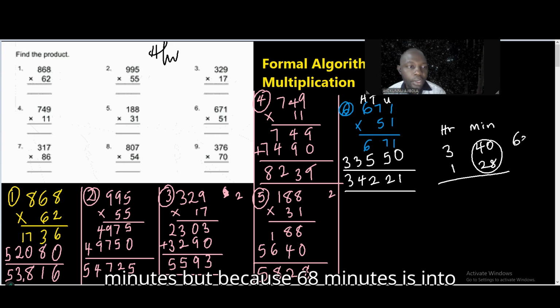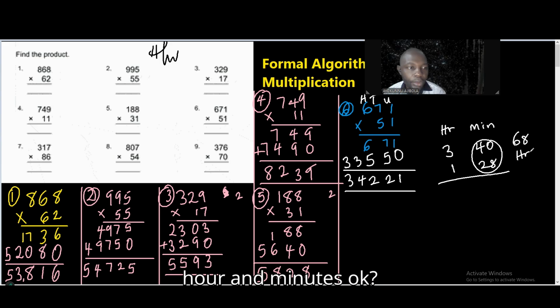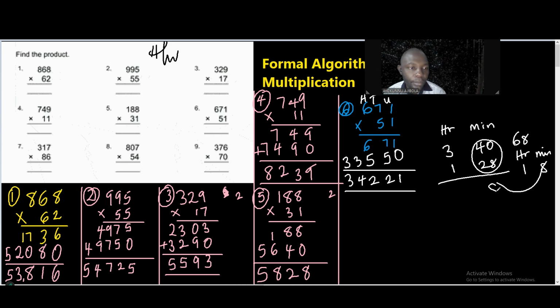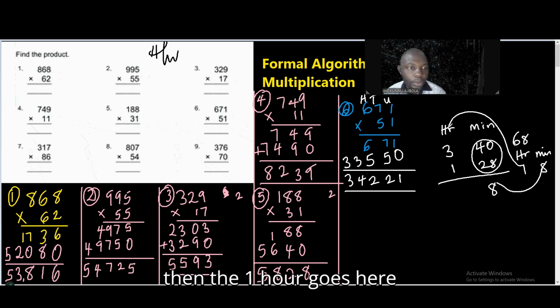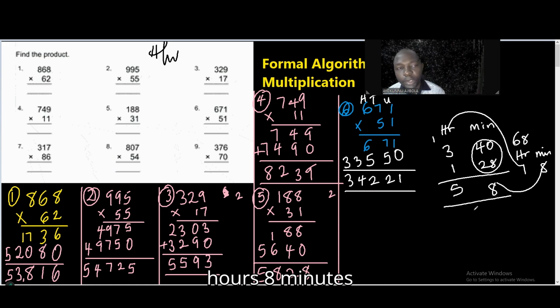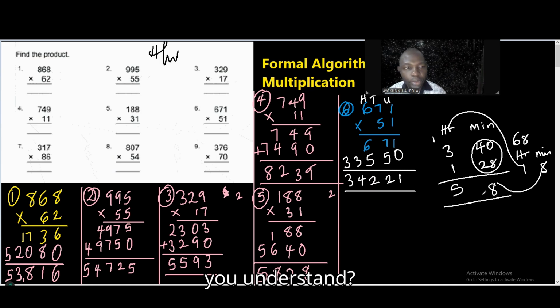You get 68 minutes, but because 68 minutes is into hour and minute, okay? 1 hour, 8 minutes. So the 8 minutes come here, then the 1 hour goes here. So this becomes 5 hours, 8 minutes. You understand?